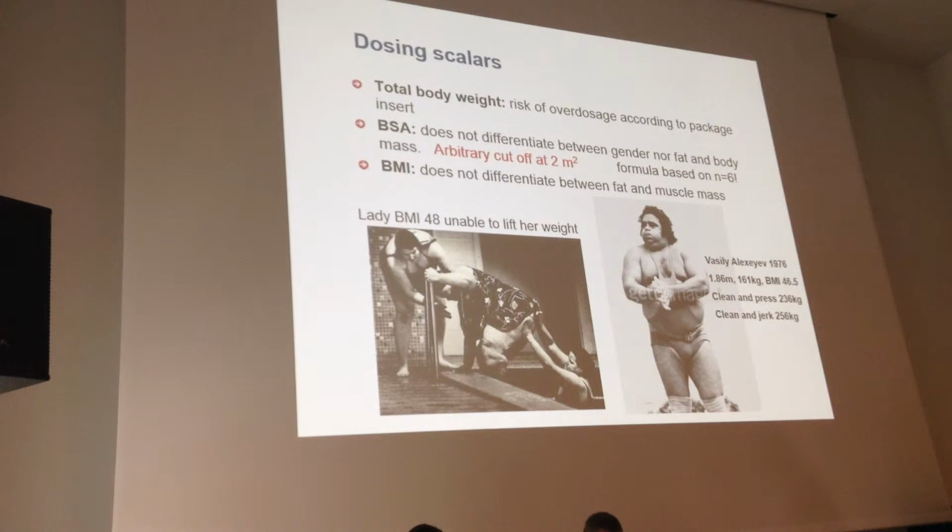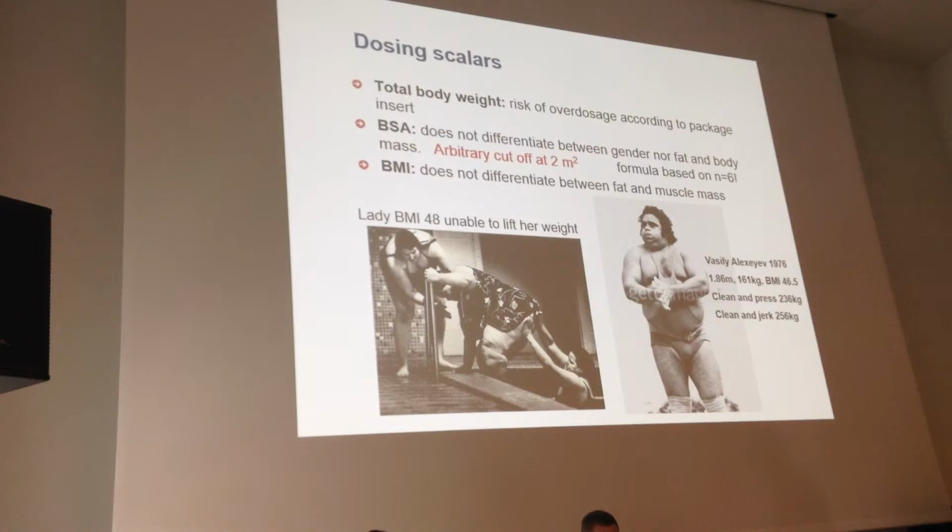The use of total body weight, one of the problems in the package inserts is that a lot of the medical firms think that the pharmacokinetic parameters are linear. In other words, somebody of 120 kilograms has double the volume of distribution of a 60 kilo person. It doesn't work like that.